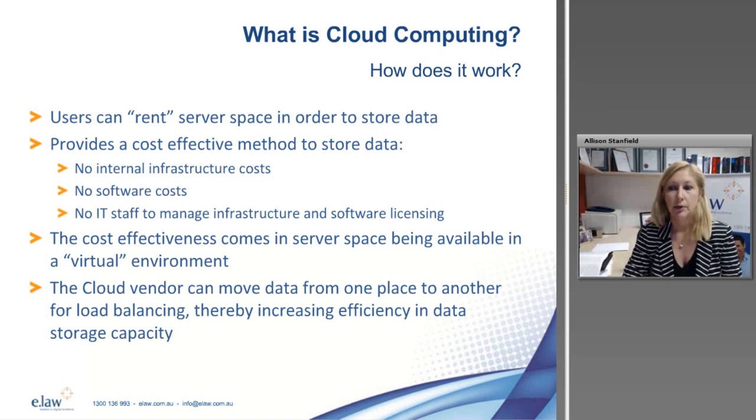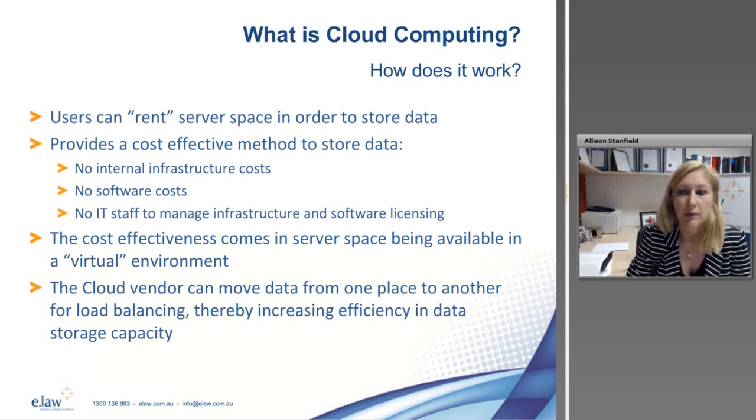So how does cloud computing work? Well, firstly, it means that users can rent server space in order to store data, and how this works is imagine that you've got your servers in a server room in your office, and they may have a storage capacity of, say, 1 terabyte, but you may not necessarily use all of that terabyte for your own storage. You may only use at times 200 gigabytes, 400 gigabytes, whatever it might be, which means that the remainder is there being underutilised.